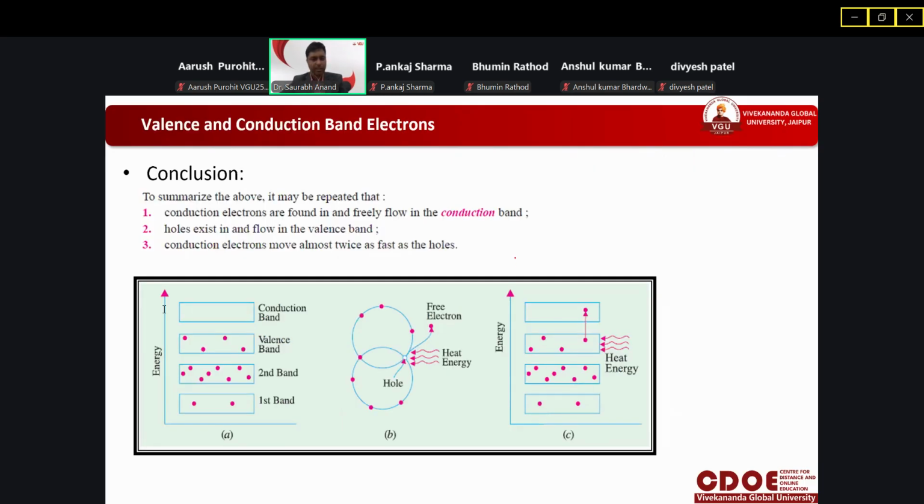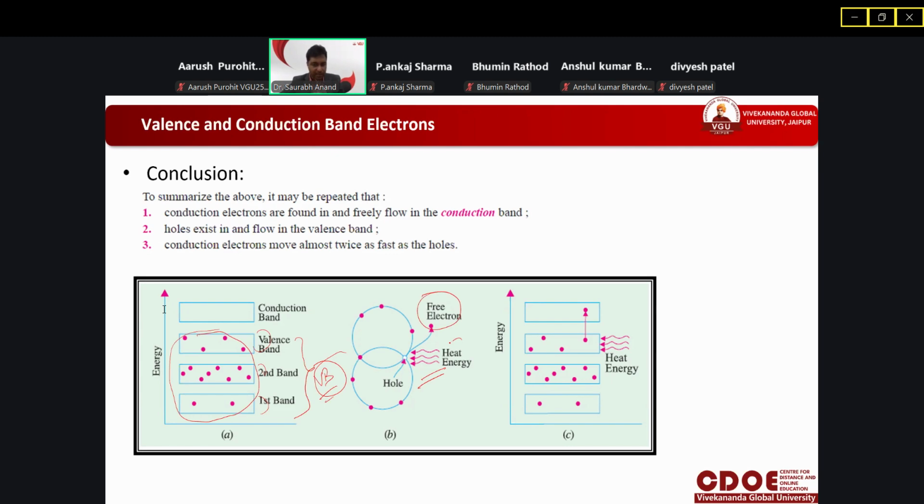Here, we are showing this completely as valence band, because within the material there are different levels, different bands. So we are considering the first band, second band, and valence band as completely valence band. Initially, all the electrons are filled in the valence band. This diagram shows that the electron is becoming free.